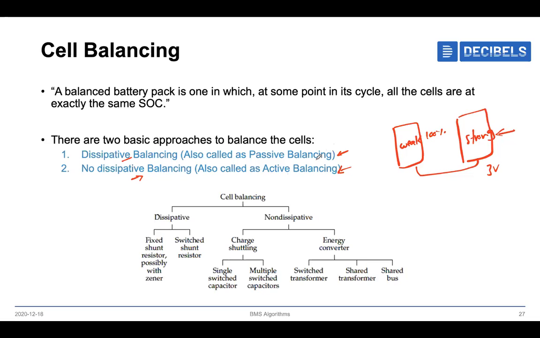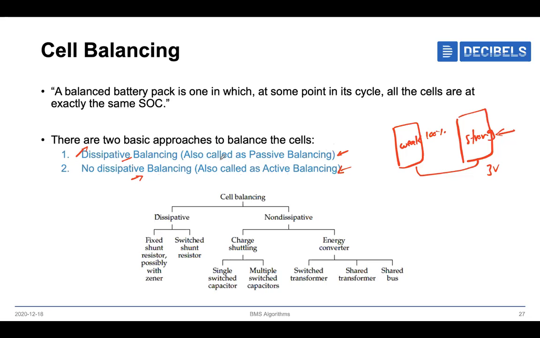So even in passive balancing we are using active components such as transistors and switching circuits, right? So when you use active components and call it passive balancing, it causes some confusion. That is the reason most people say dissipative and non-dissipative.